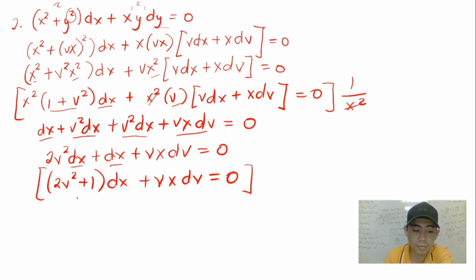So in variable separable, 2v squared plus 1 should go with dv, and at the same time x should go with dx. So each should go with its respective variable.